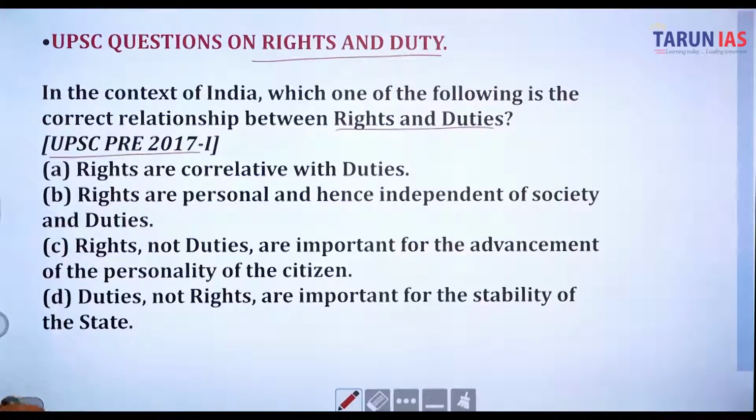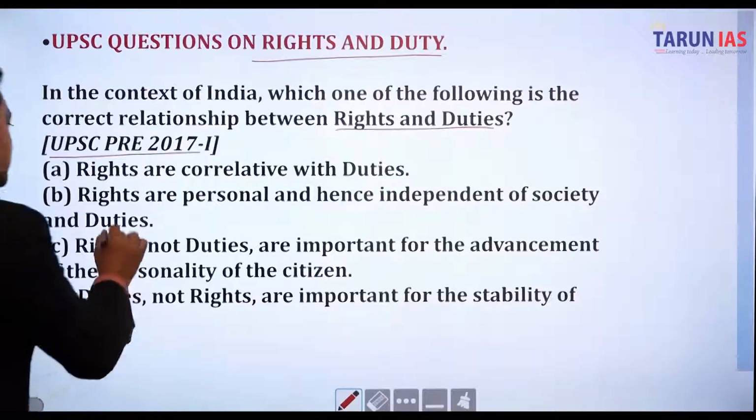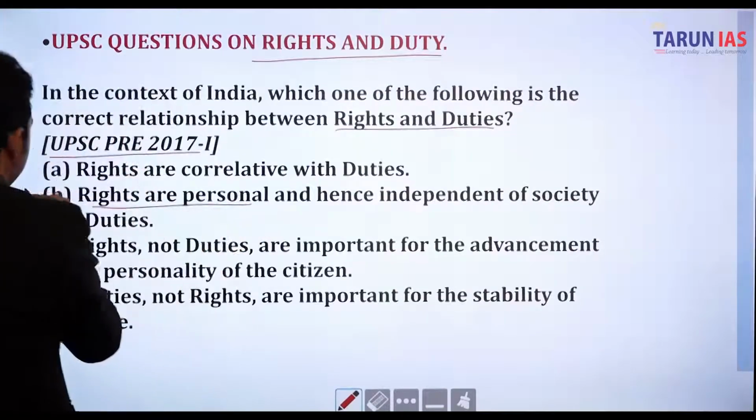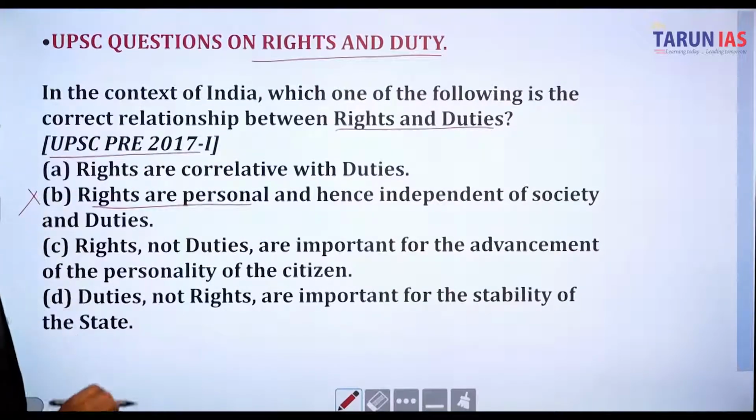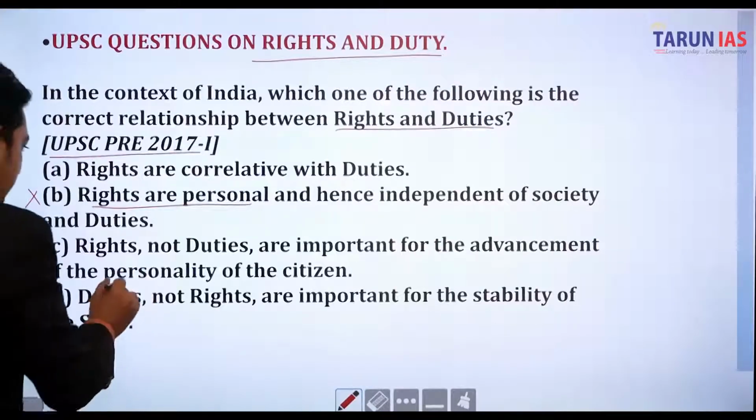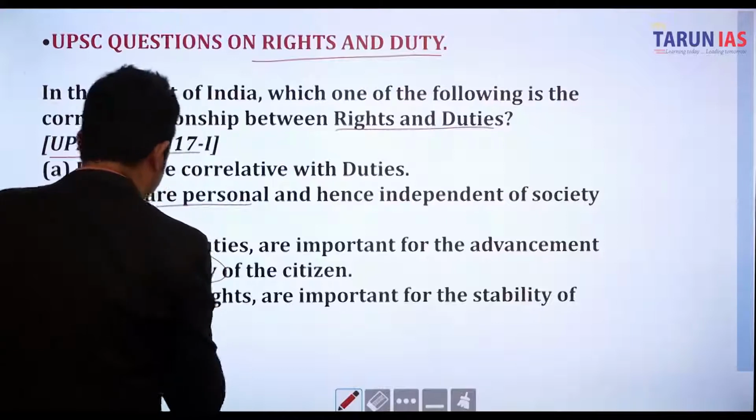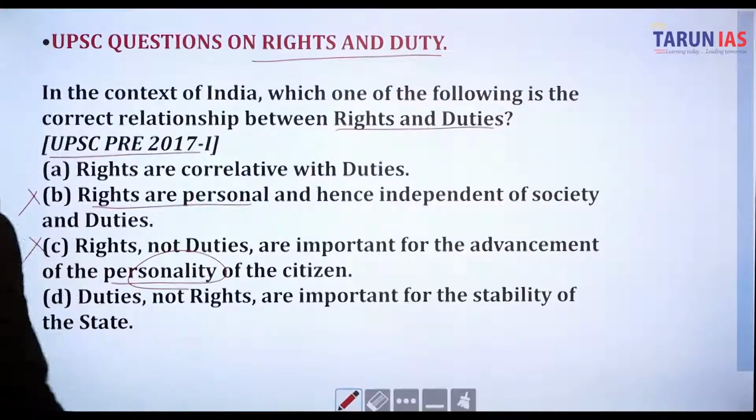First, option A: rights are correlative with duties. If you look at the others carefully, how can we say rights are personal and hence independent of society and duties? No, rights are not personal. Rights, not duties, are important for the advancement of the personality of the citizens? No, it is both rights and duties. Duties, not rights, are important for the stability of the state?